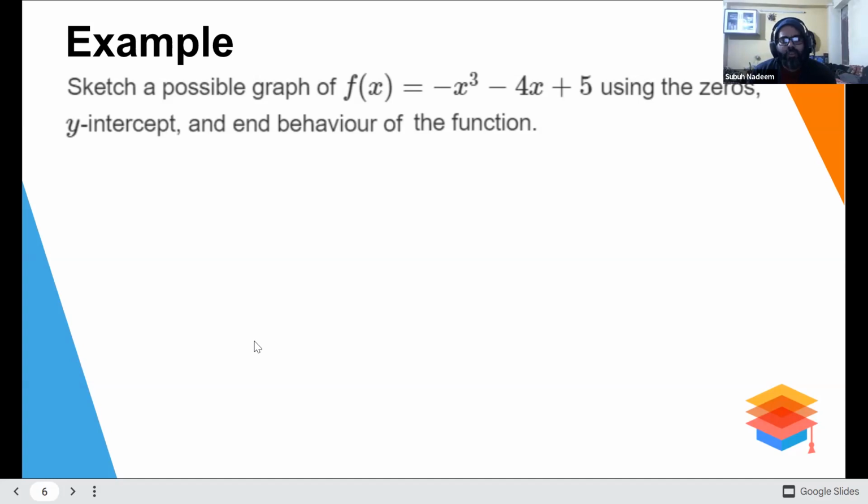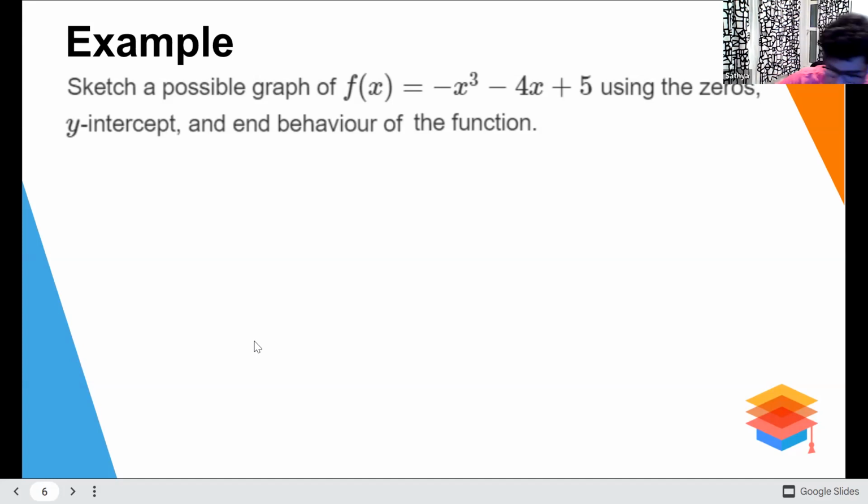So if you see magnitude, it is 1. So you have to check for only 4 values: 1, -1, 5, and -5. Only these 4 values, right?